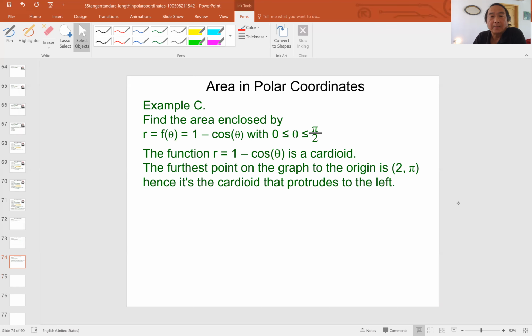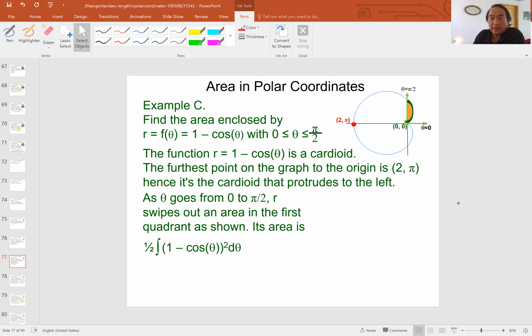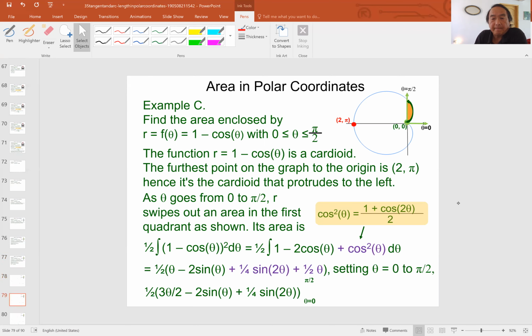And here's another example, for the cardioid. Over here, the question asks you to find the area enclosed. So we calculate that area.